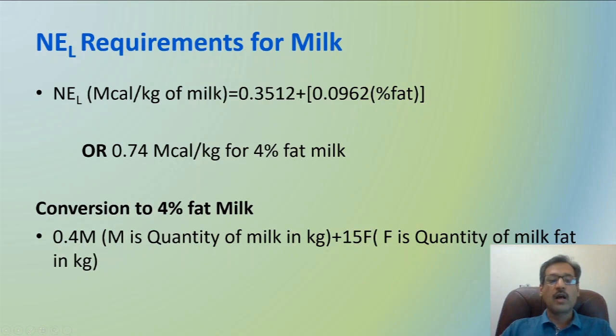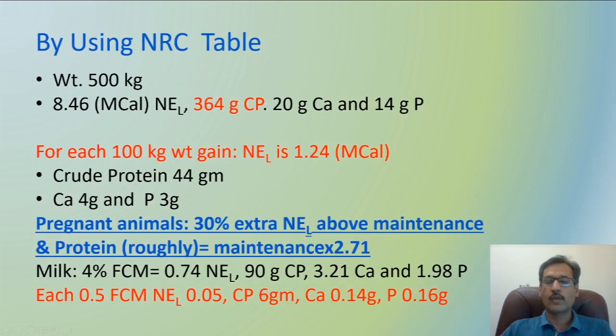This formula will give us the quantity of milk produced by an animal converted to 4% butter fat. So for any amount of milk fat produced by an animal, we can convert it into 4% butter fat, and then by using the value of 0.74 megacalorie per kg of 4% butter fat milk, we can calculate the amount of energy required by that animal.